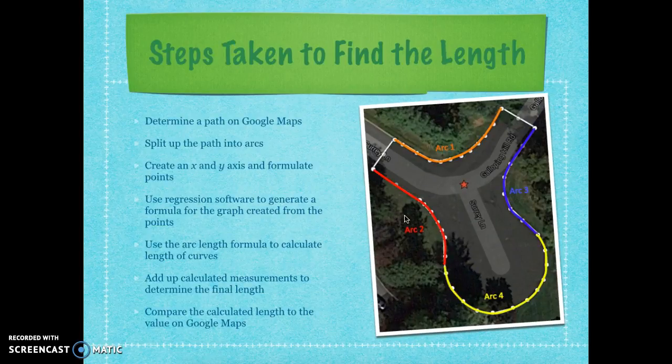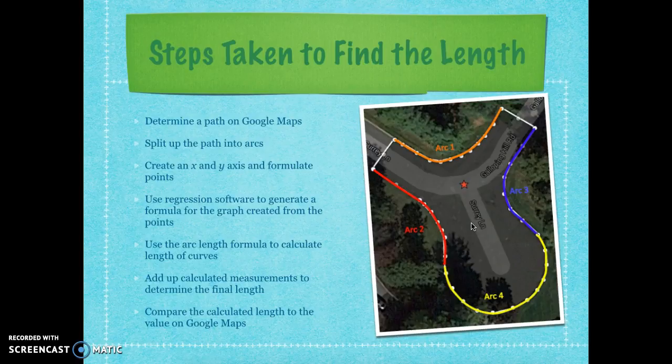The first step of this project was to determine a path on Google Maps. I chose this sort of bunny shape and then split it up into arcs 1, 2, 3, and 4. I then created an X and Y axis to create points that can be plugged into the Desmos regression software, an online program, to create graphs of the arcs.